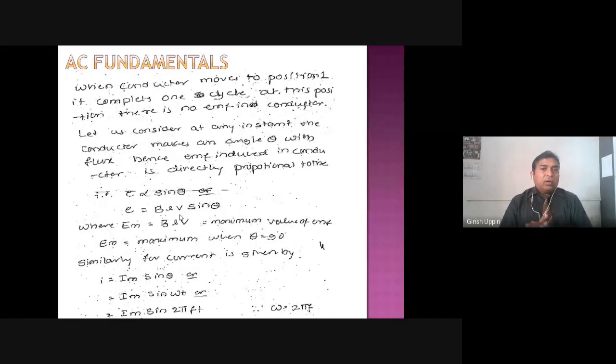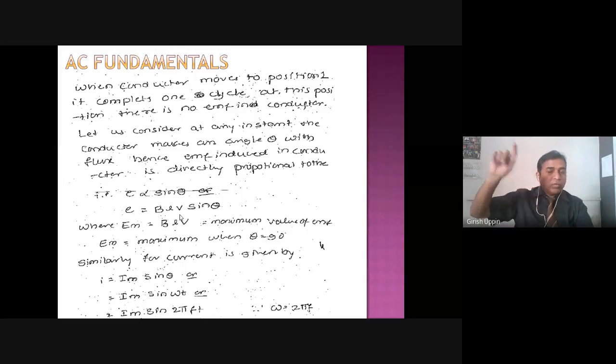Okay, now we saw whenever it is moving, it starts from zero, and as the angle changes to 10 degrees, 20 degrees, 30 degrees, the amount of flux cut by the conductor increases. That is how you see there is an increase in the EMF induced.